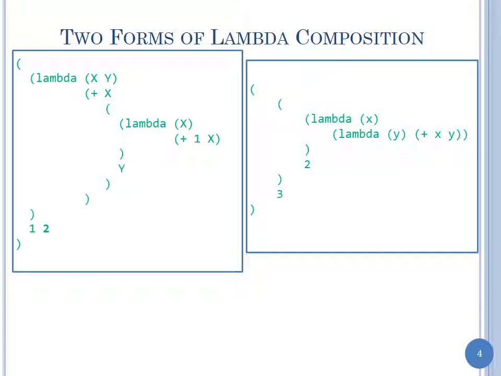So remember, with lambda, we can do two things. Lambda itself is an expression that has the lambda value, and that expression can then be applied to an argument to return another expression. So the lambda definition is an expression, and the lambda definition application is also another expression.